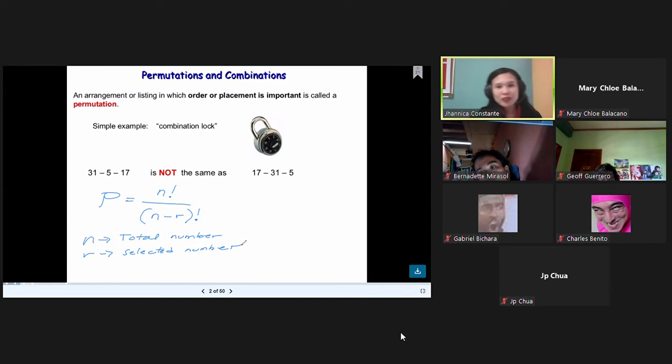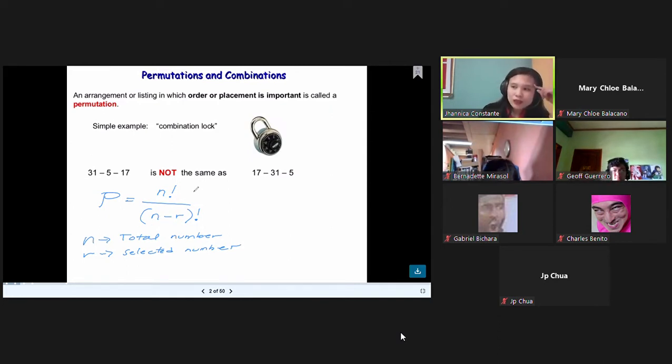Pero kung meron kang scientific calculator, just input the value for your n and the value for your r, you will already have your answer. But kung walang scientific calculator, the n factorial, for example, n is equal to 10. Kung walang scientific calculator, ganito ang gagawin.